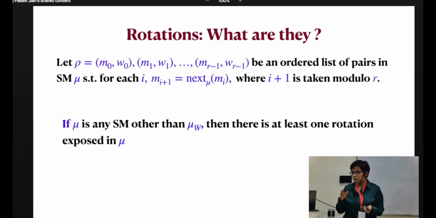Now to see why this is true, look at the two matchings, the man optimal matching and the woman optimal matching, and look at their symmetric difference. Do you know what a symmetric difference is? See which edges are in common in them, discard them.